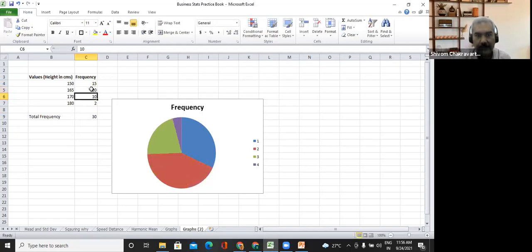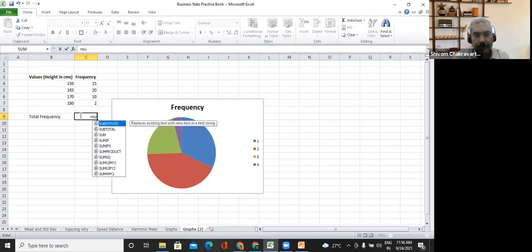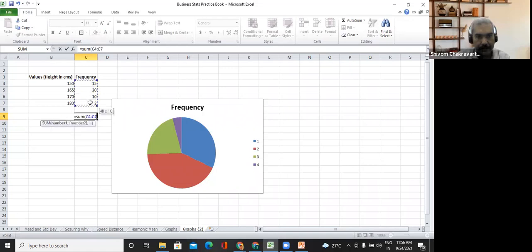See, now this is the biggest portion, 165, because the frequency is highest, the highest portion is allotted, and exactly if you calculate, it will be 43% of the area. When you're drawing by hand, what we do is we calculate the total frequency, and that total frequency constitutes 360 degrees.